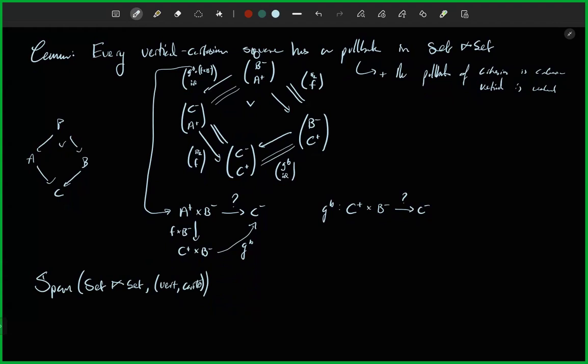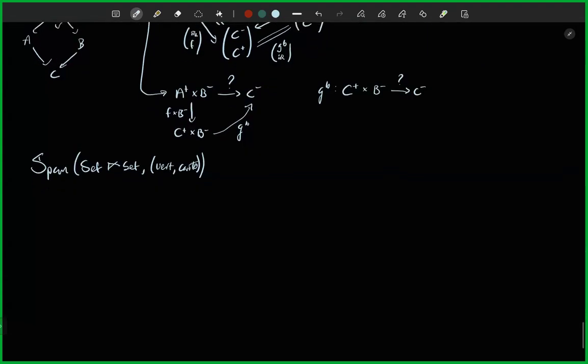Well, that here would mean it was a span. So I'll take A plus A minus, X plus X minus, B plus B minus. It's a span in set direct product set, which looks like this.